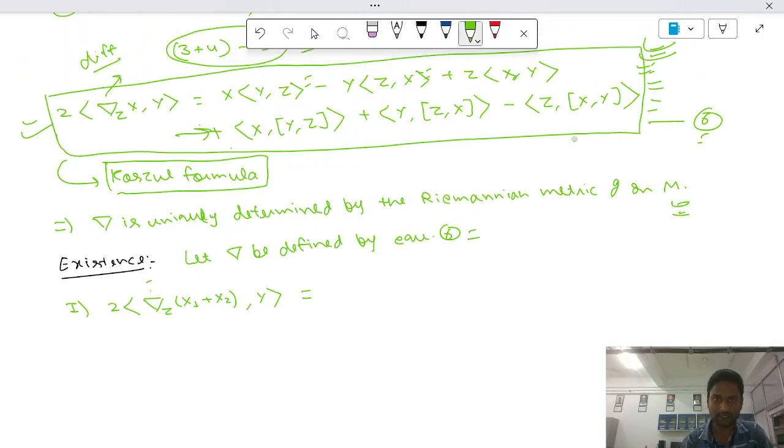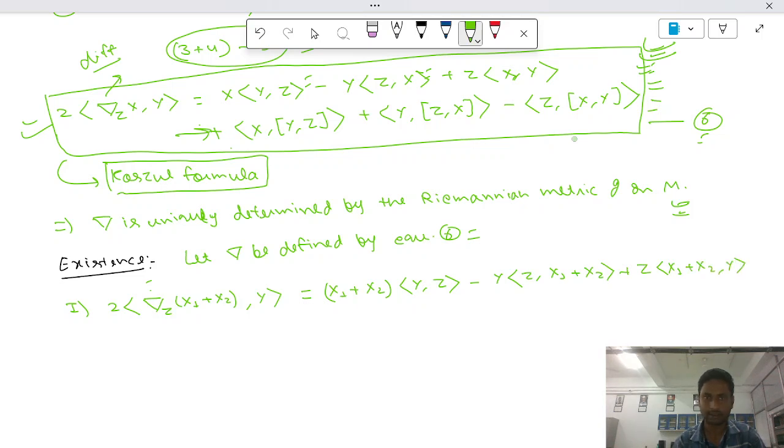According to equation 6, it will be (x1 plus x2) applied to the pairing of y comma z, minus y applied to the pairing of z comma x1 plus x2, plus z applied to the pairing of x1 plus x2 comma y.